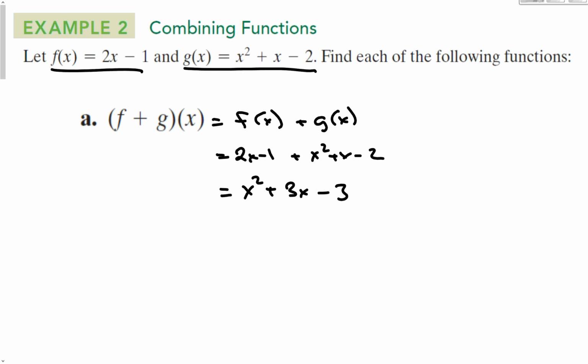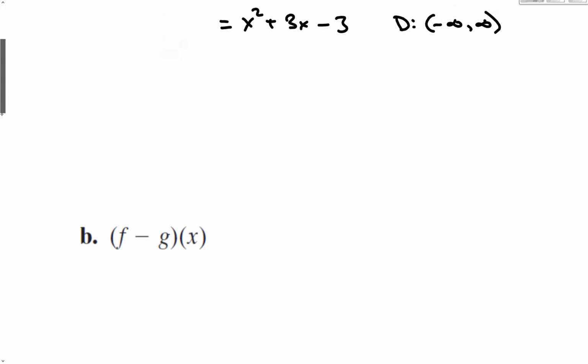So f plus g of x is x squared plus 3x minus 3. The domain is going to be all real numbers because there are no variables in the denominator, there are no denominators, and there are no radicals. So there's no way to get the function to be undefined.